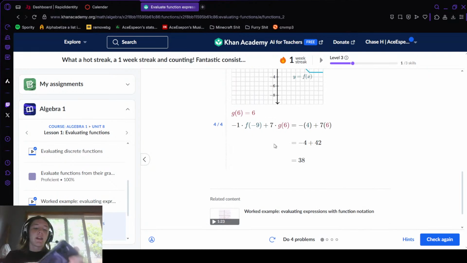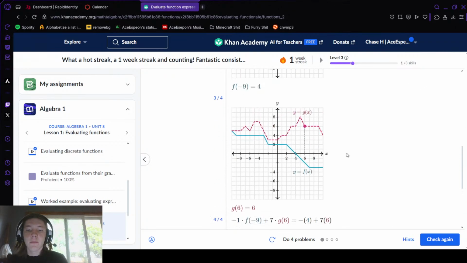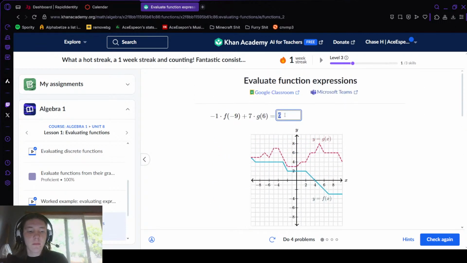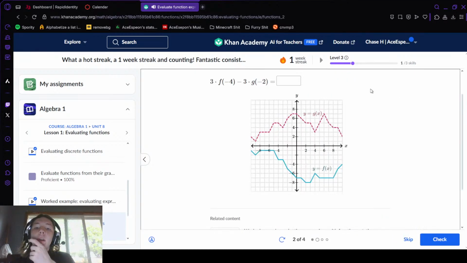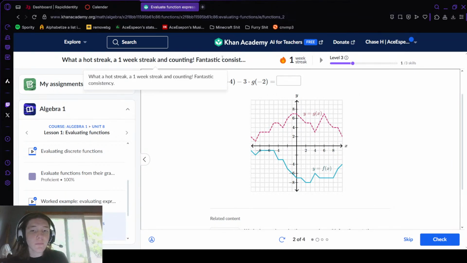Okay, I see now. Take a photo of that, memorize it. Actually, I'm not memorizing it. Okay. So what I needed to do.